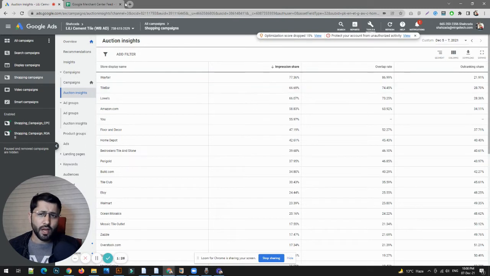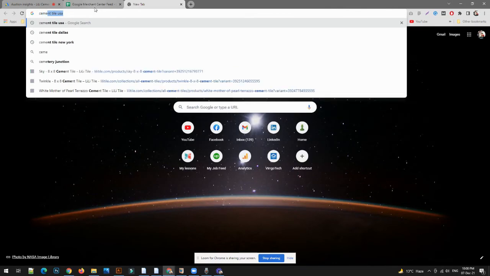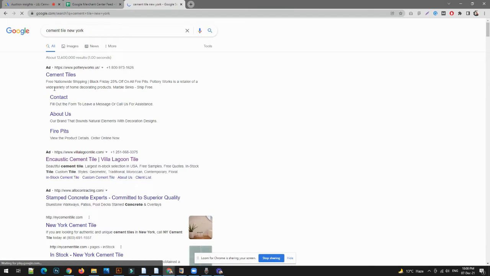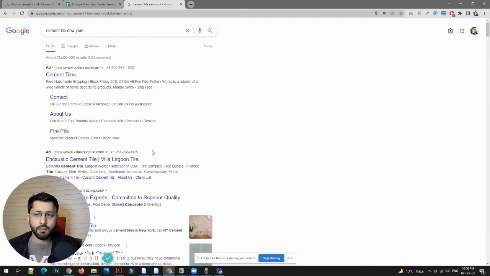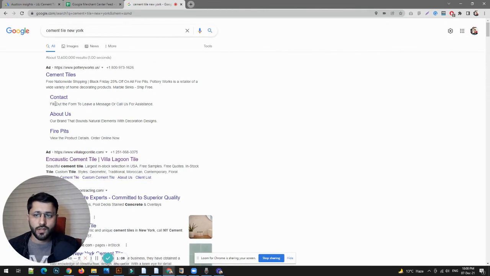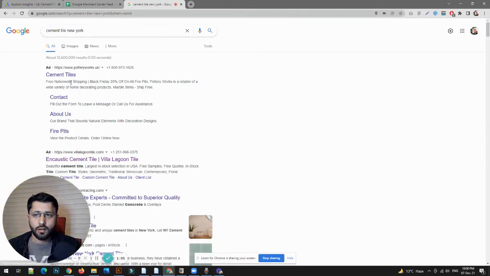You can also directly go to Google and type in your target keyword, right? So for example, Siemens, New York. In this case, we can see who is showing up at the top of the paid section of the search results. So if it's any one of these, right off the bat, you can take a look at their information, for example, their extensions, their headings, their descriptions, a little bit of snippet here and there.